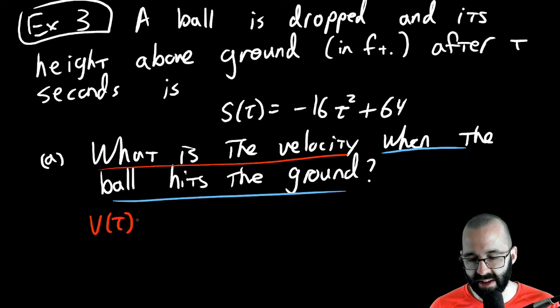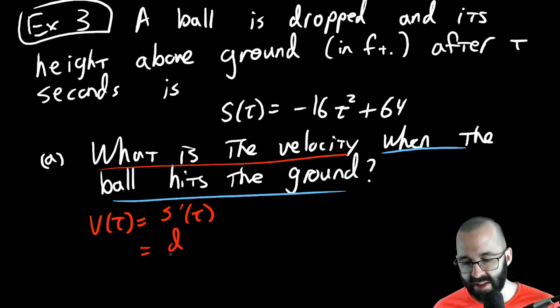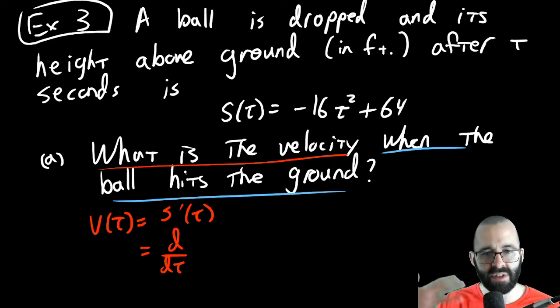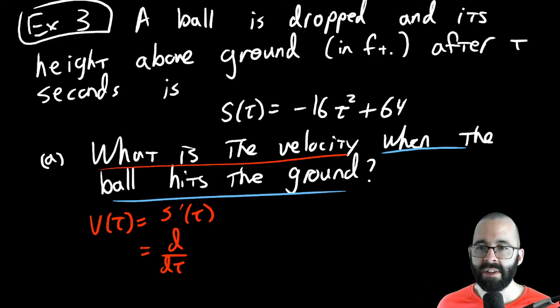So to find the velocity, that's going to be the derivative of the position. And one of the ways that you can write this, an optional step that I'm doing to re-emphasize notation, is d over dt. This represents the derivative with respect to t. D over d something means the derivative with respect to that something.